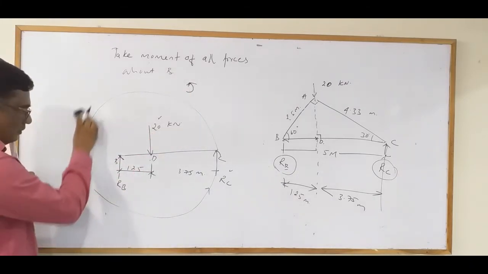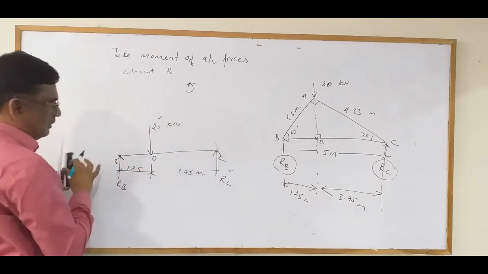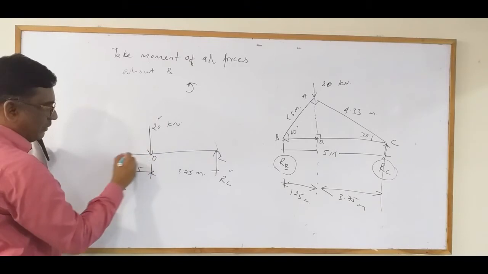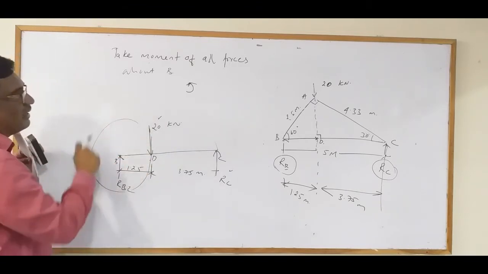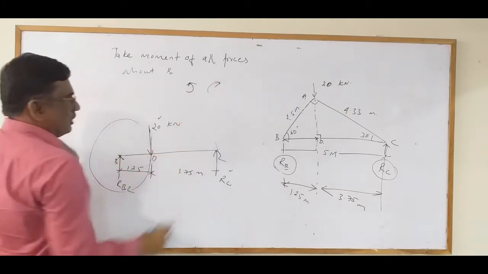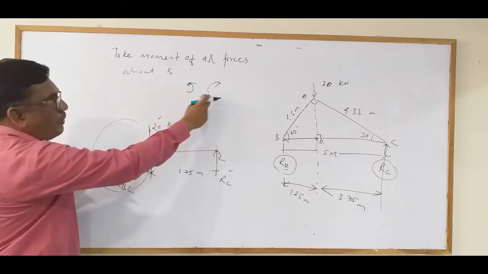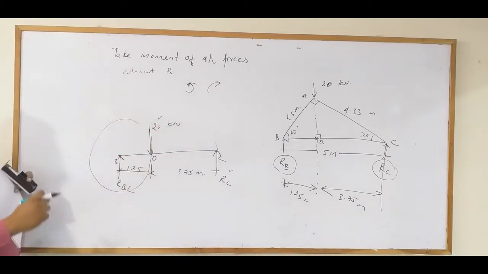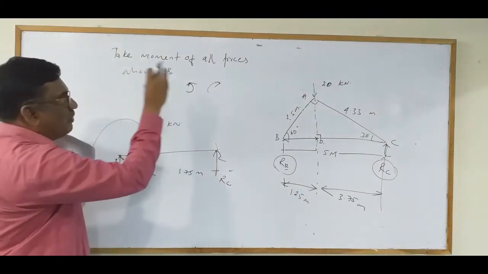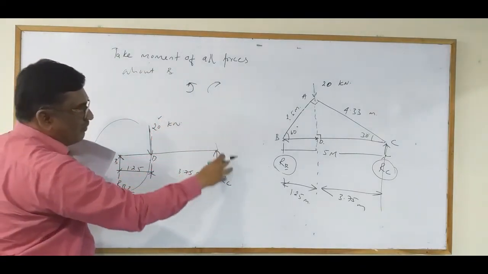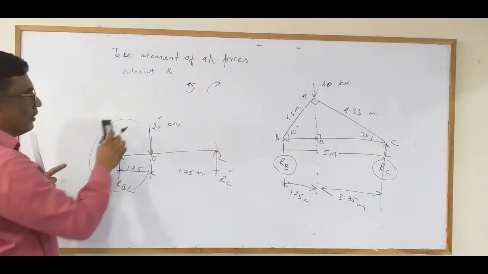Now the second force, take moment about this B. This is making a clockwise rotation. So the moment due to this force and the moment due to this force are opposite in nature, but the sum of moments is 0. So the moment due to this force must be equal to the moment due to that force for equilibrium.